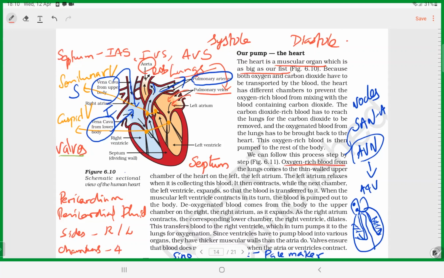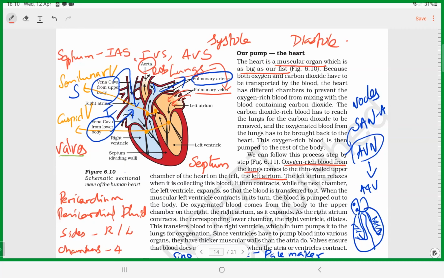Oxygen-rich blood from the lungs reaches the left atrium.